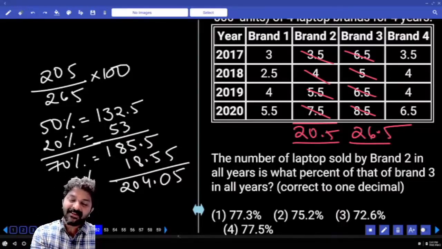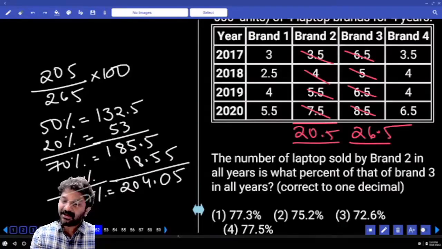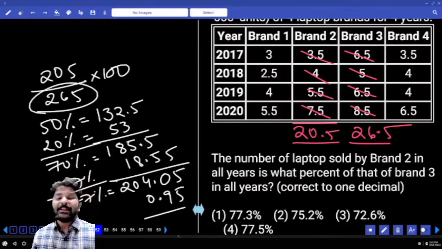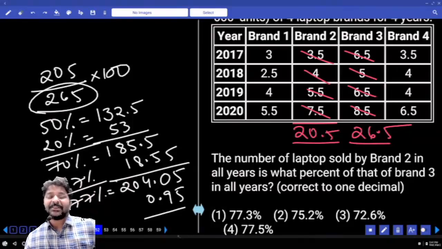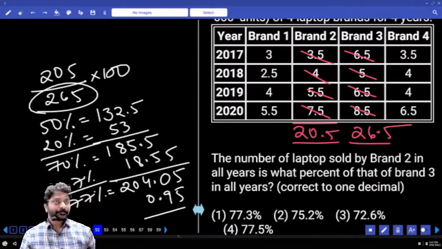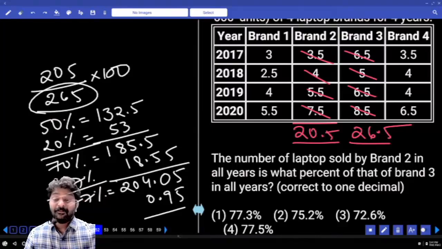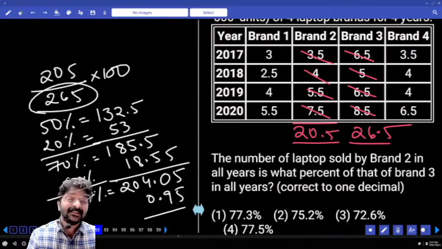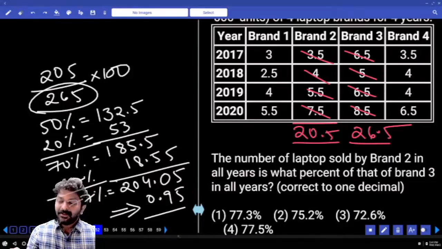So far it is 77%. We are working this hard because the options are very close. 0.95 we have to add. What is 1% of the denominator? 2. What is 0.5%? 1.325. This number is less than 0.5% only. So it cannot be 77.5. It must be 77.3.